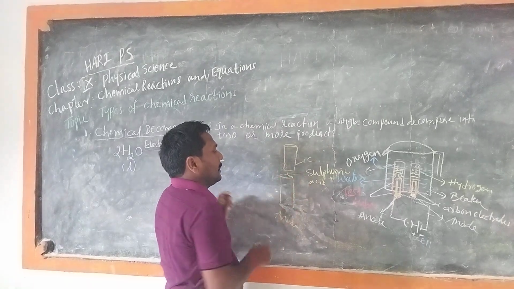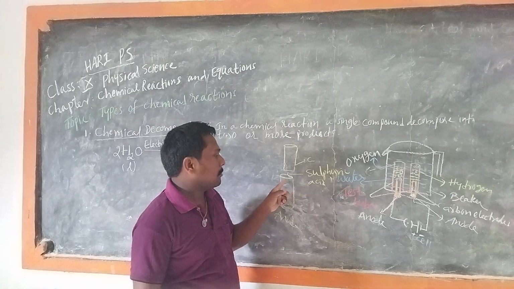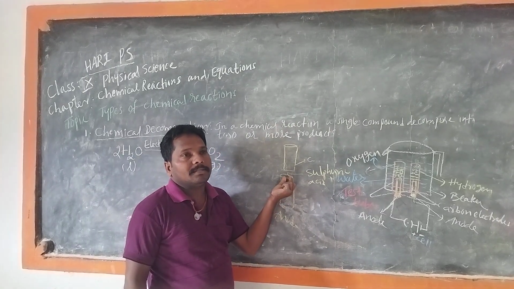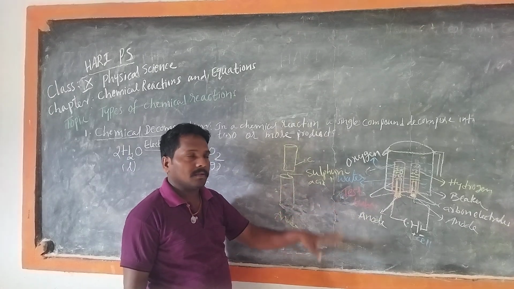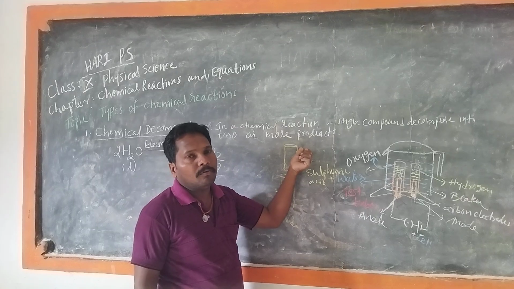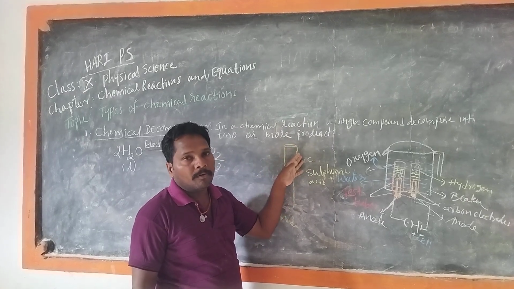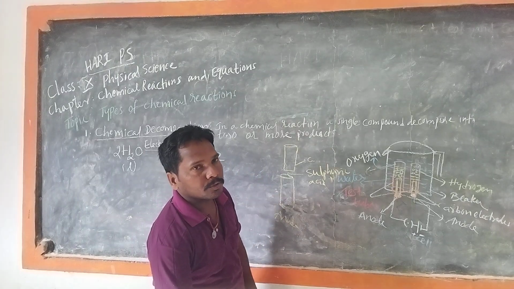When we bring the burning matchstick near the mouth of the test tube, if the burning matchstick burns continuously, it is oxygen. When the burning matchstick is put off with a pop sound, or burns with a blue flame, it is hydrogen.